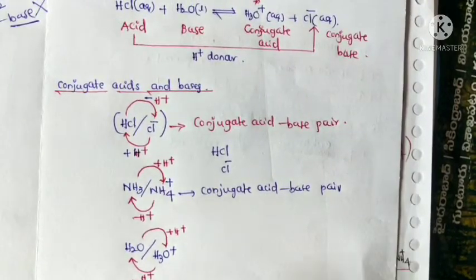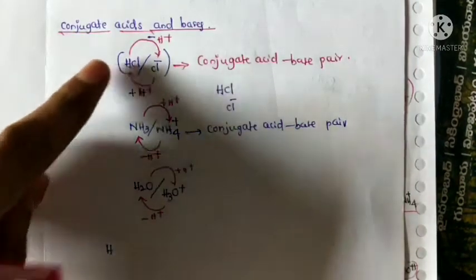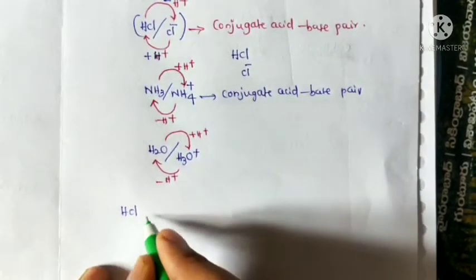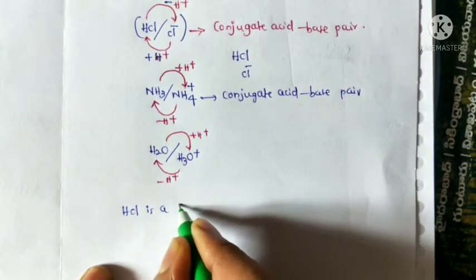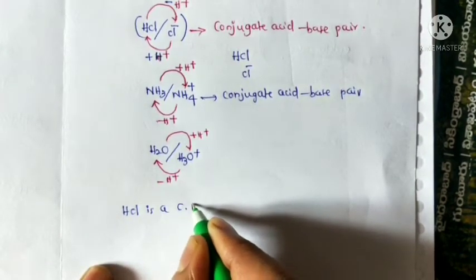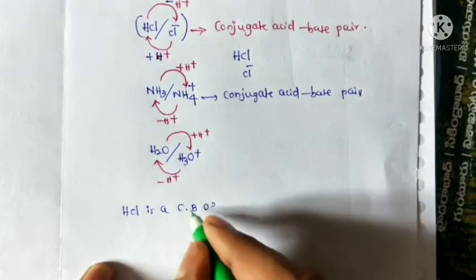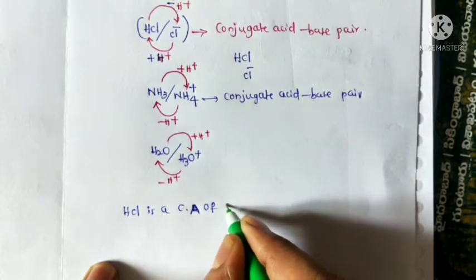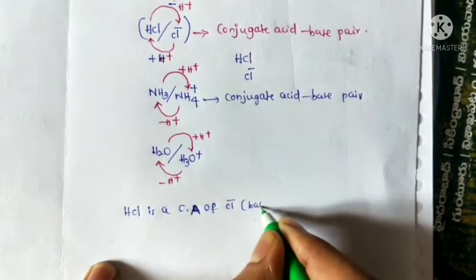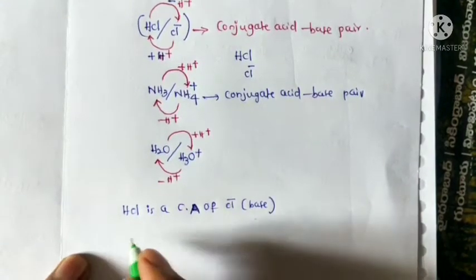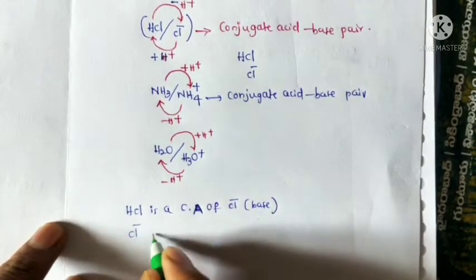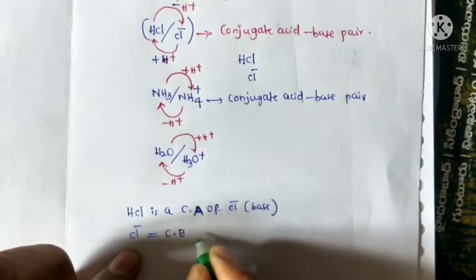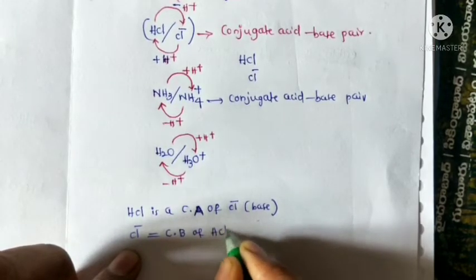So now what are the names? We take the example HCl. HCl is the conjugate acid of a base, and Cl minus we can call the conjugate base of HCl.